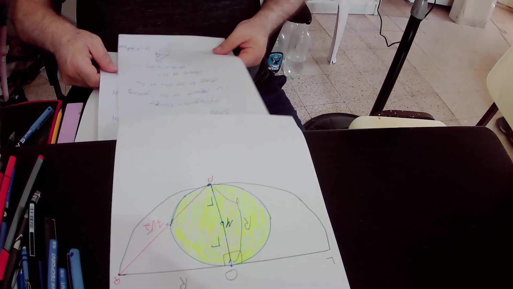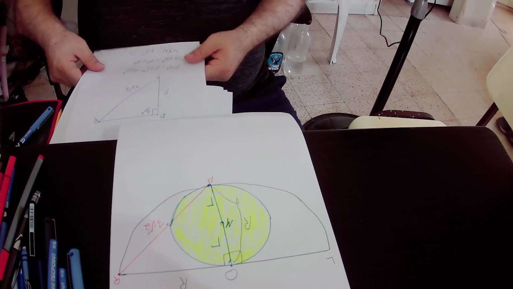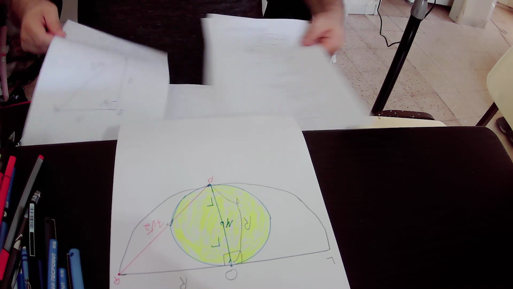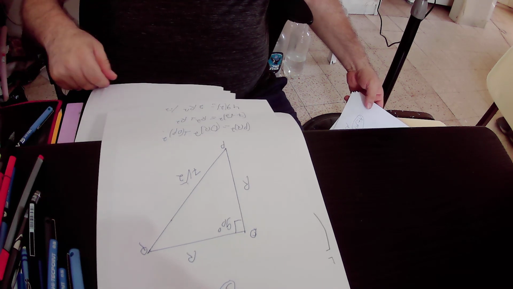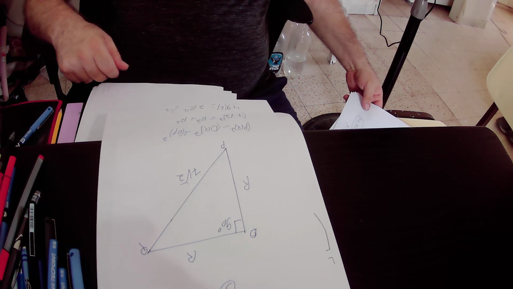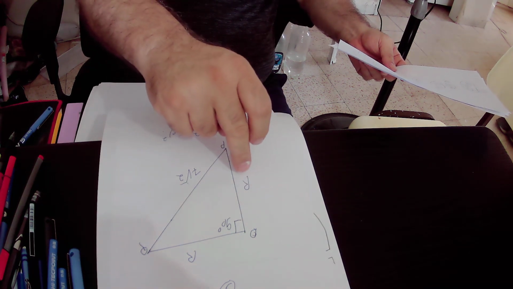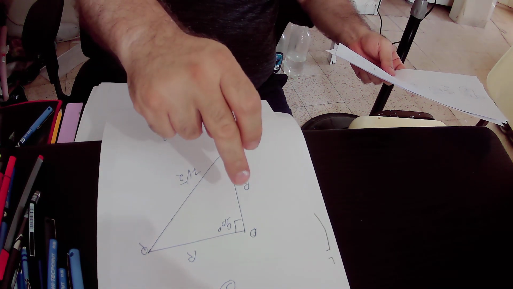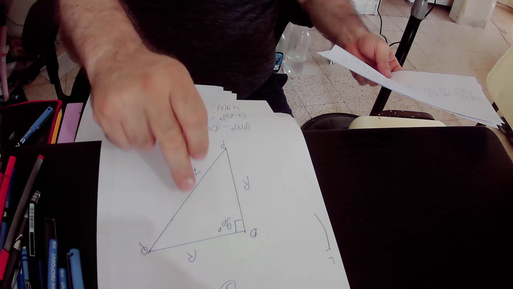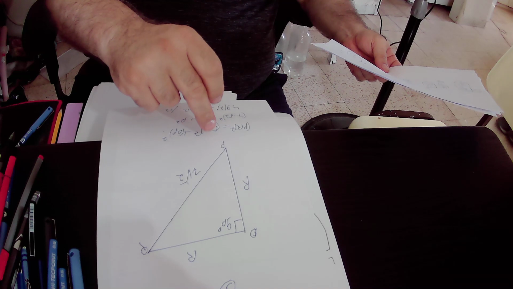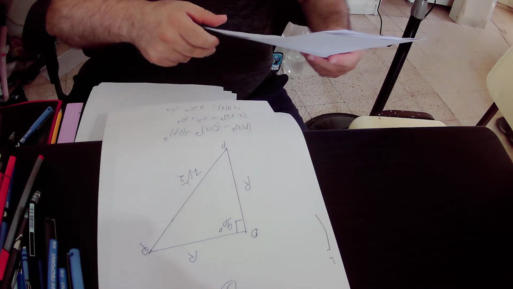I draw again the right triangle POQ, and as you can see, PO equals the radius of the semicircle, and also OQ equals the radius of the semicircle, and the hypotenuse equals 7 times root 2 units.